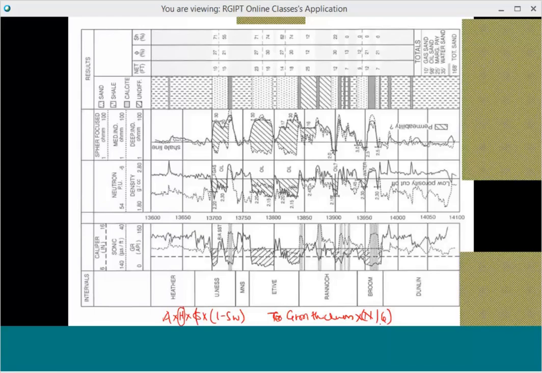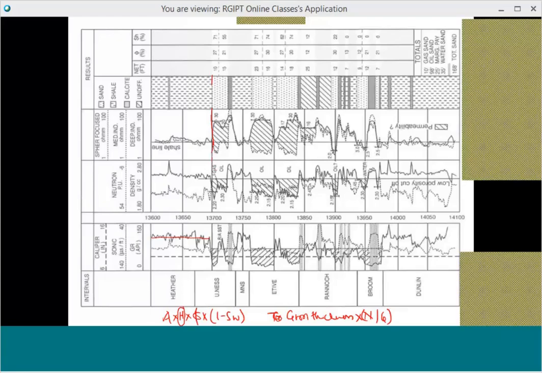Now, let us say if you look at this particular log, typically if you look at this gamma ray log, what you see is there is a shale formation on the top, which is maybe up to here, because if you were to put a formation boundary, this is where you are going to put it, right?